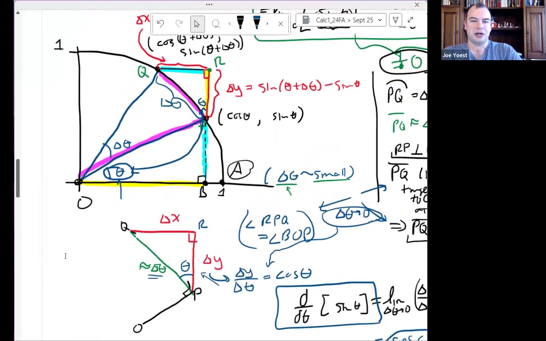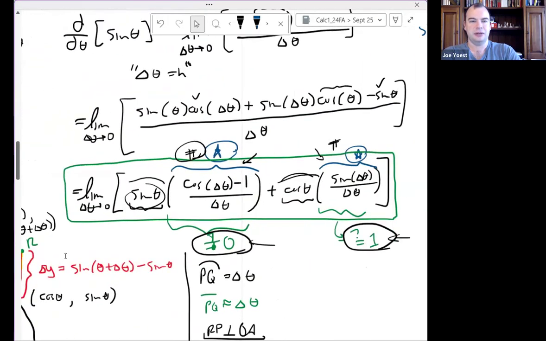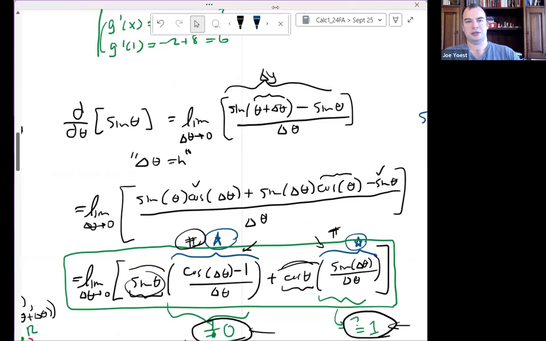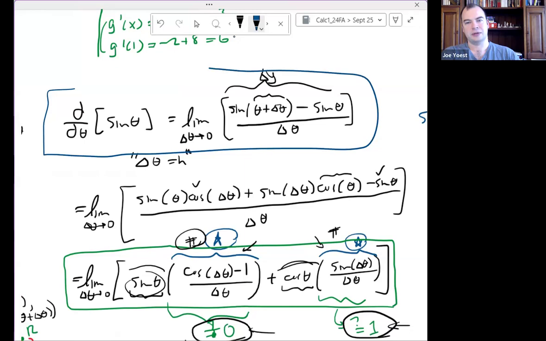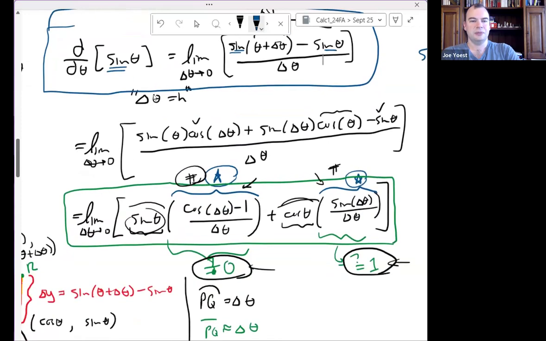And by a similar argument that starts off the same way, we can show the derivative of cos theta, which would be the limit of cos theta plus delta theta minus cos theta over delta theta. We can break that cos theta plus delta theta apart using the cosine of the sum of two angles formula.